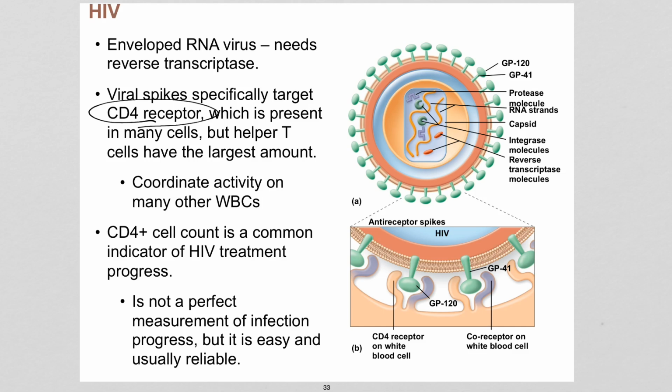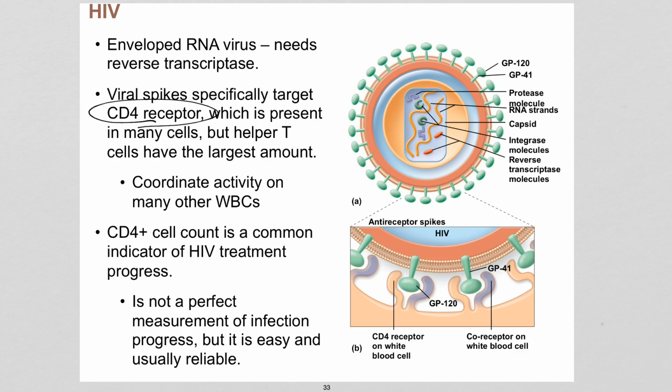This is why, when someone actually succumbs to HIV, it's not really HIV that's killing them. It's not the immediate cause of death. It's usually something else like pneumonia, that's the most common one.